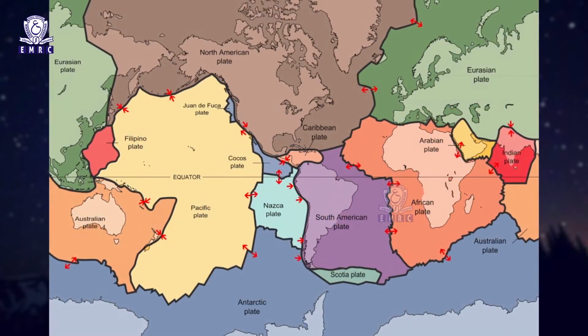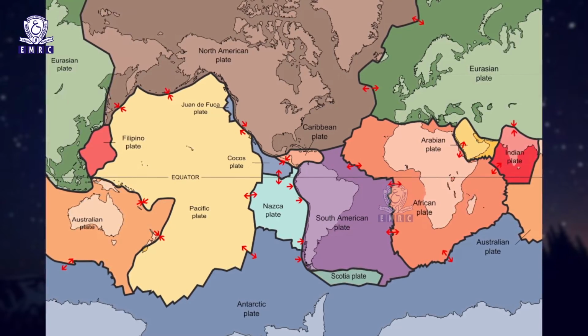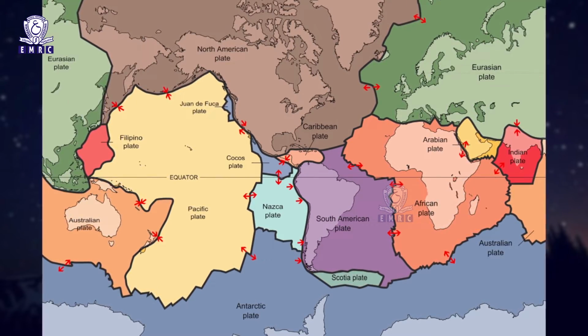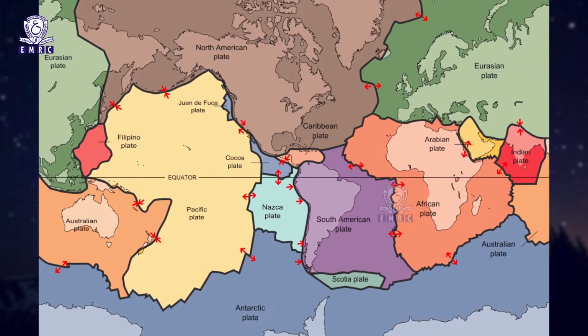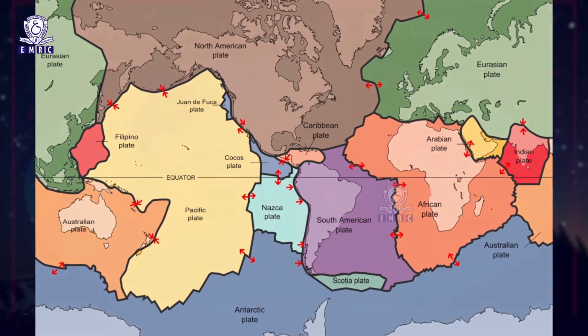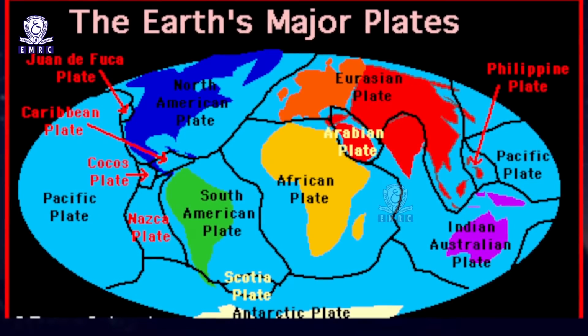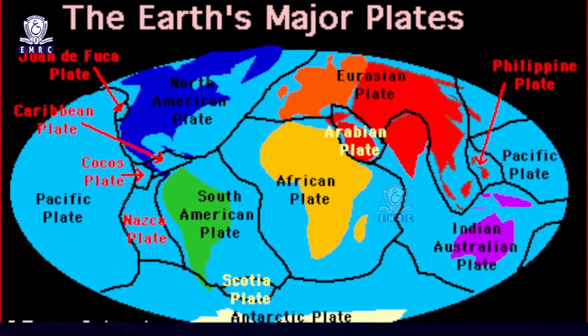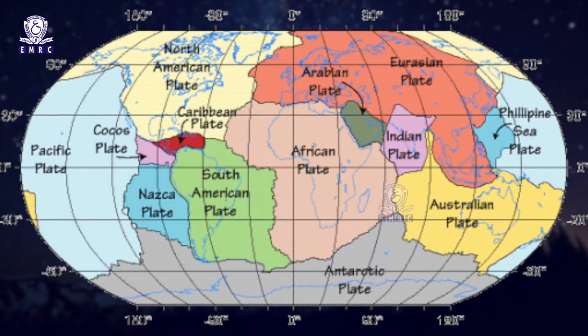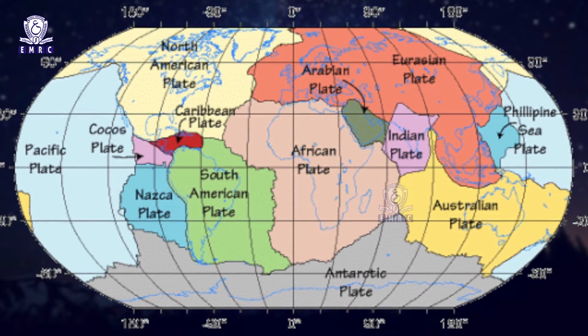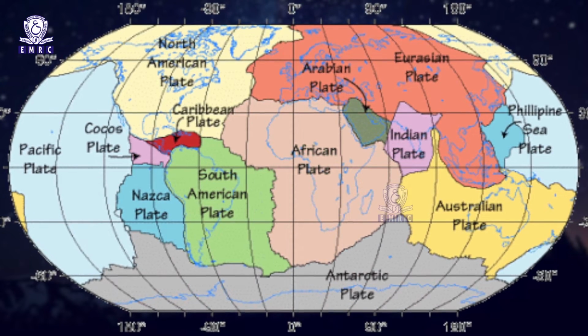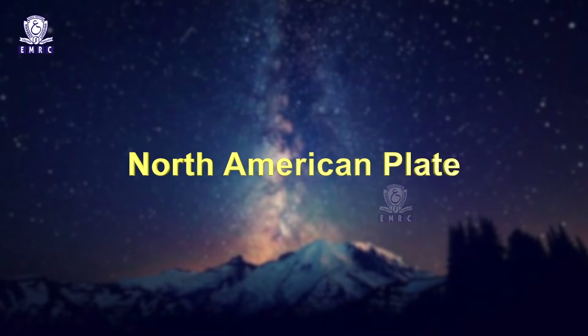Plates can change their shape and size by splitting along new lines or by welding themselves to another plate. Most of the major plates are named after the continents, but the plate boundaries do not coincide with the continental boundaries. The major plates are the North American plate.